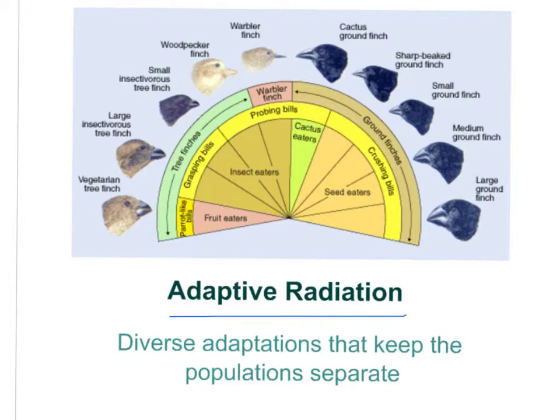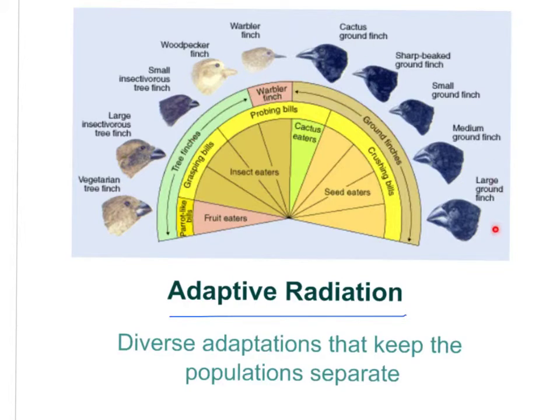Right here, here's an example. Darwin's finches are an excellent example of adaptive radiation. We have very diverse adaptations. We have these fruit eaters, and their beaks are this shape. We have these grasping bills and probing bills for the insect eaters, and we have seed eaters here with crushing bills.